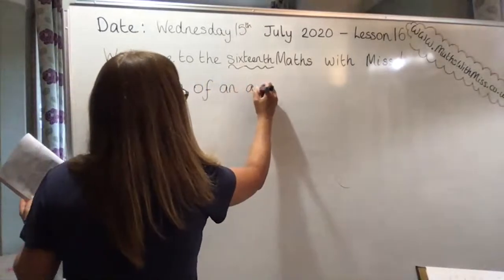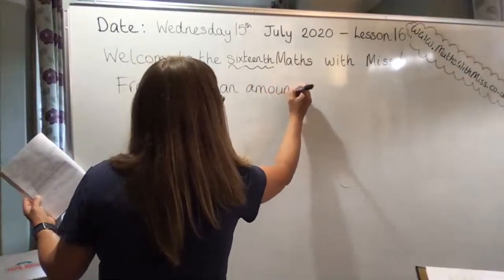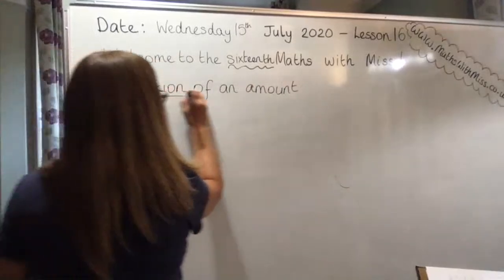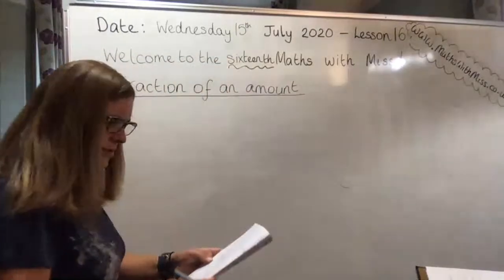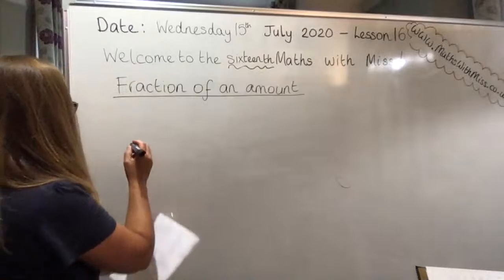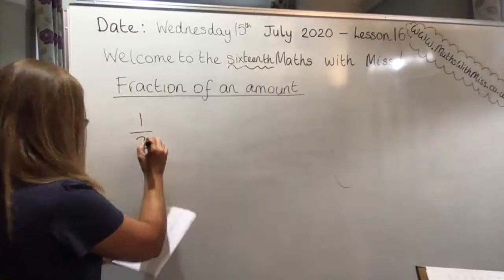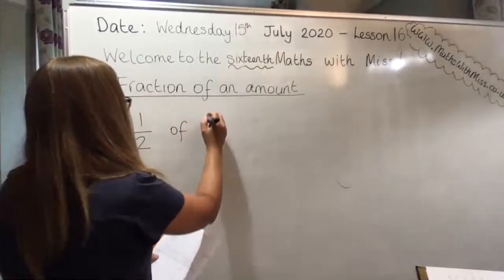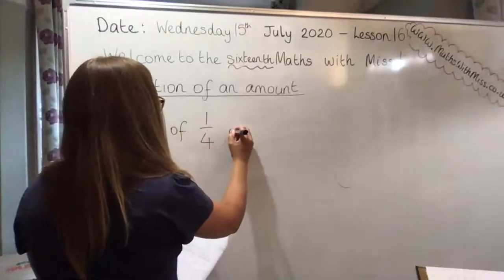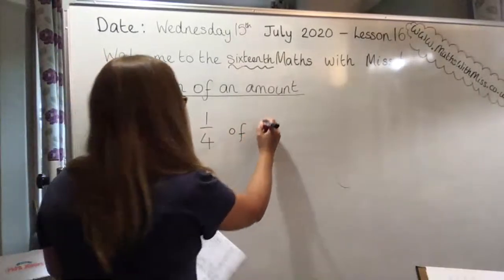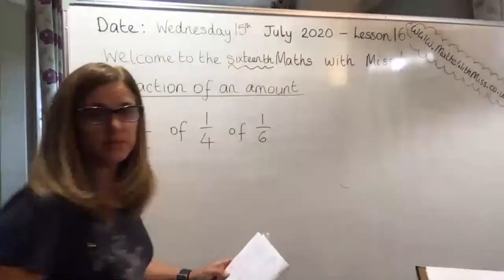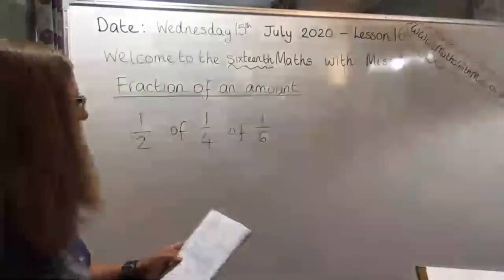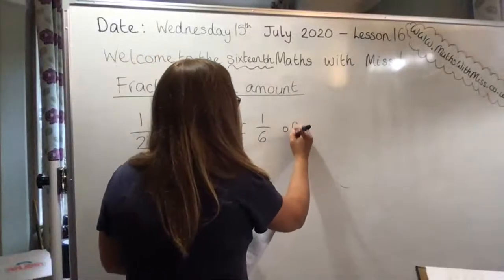Right, fraction of an amount. Now, there was a really long question. It was a parent versus kids challenge question. It was part 2. It was 1/2 of 1/4 of 1/6 of 240. You had it all written as words, didn't you? It was a worded question.